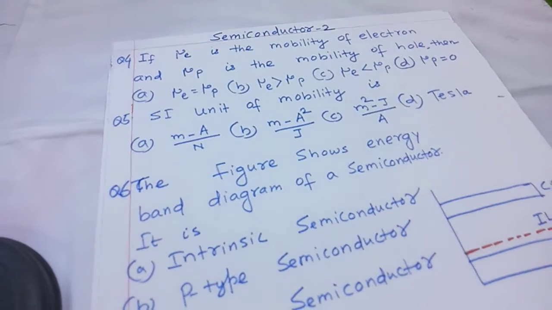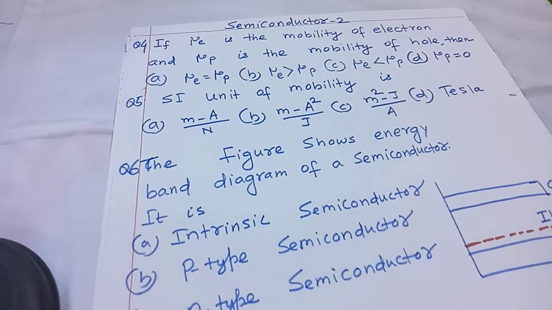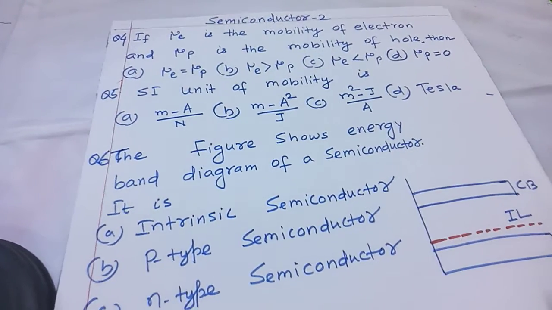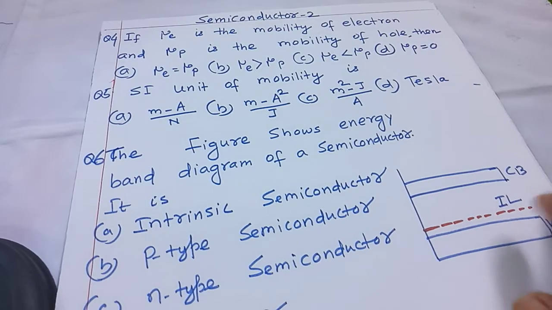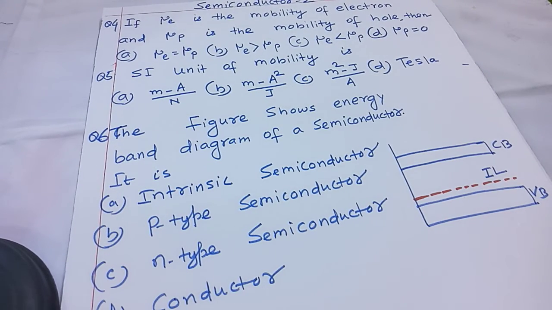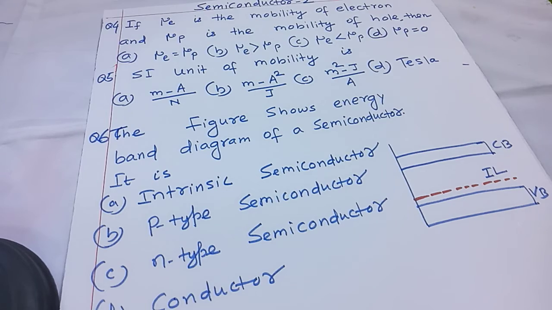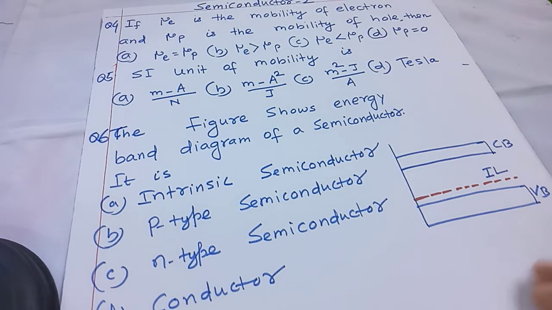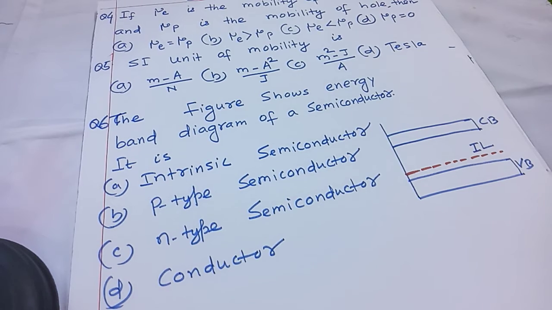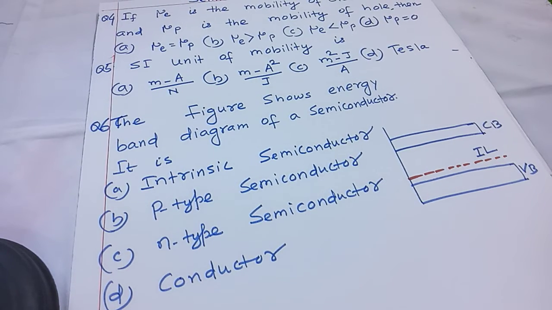Next question. This figure shows the energy band diagram of a semiconductor. What is the type of the semiconductor? Intrinsic semiconductor, P-type semiconductor, N-type semiconductor, or a conductor? The correct answer is that this is a P-type semiconductor.